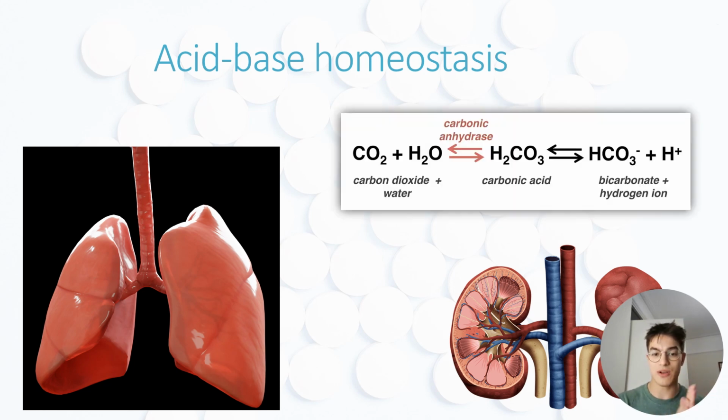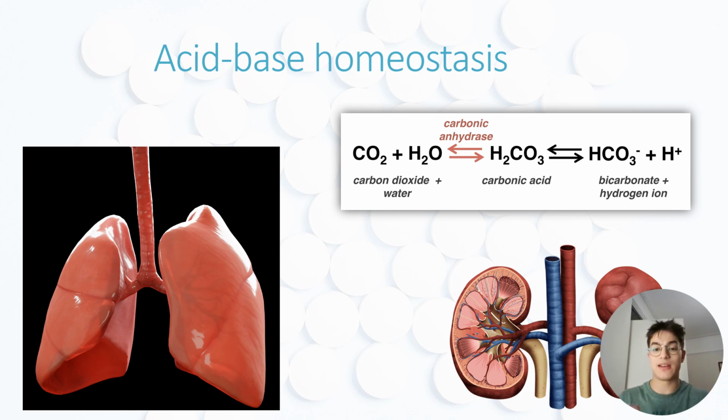Let's take this one slowly. So on the left, we start with carbon dioxide and water. That can then be catalyzed by an enzyme called carbonic anhydrase, which is all over the body in all kinds of cells. And it's then processed to carbonic acid.